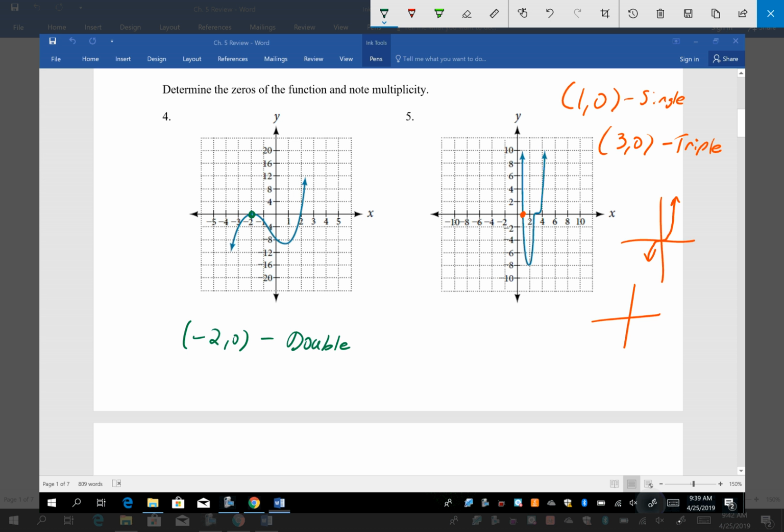So when it's in the same direction, it's a double root? Well, it's not really the same direction, because ultimately there's no arrow here. We're still going. It just doesn't cross the axis. It touches, but it doesn't cross. And the other one is +2, 0. That looks like it's just crossing normally, so single.